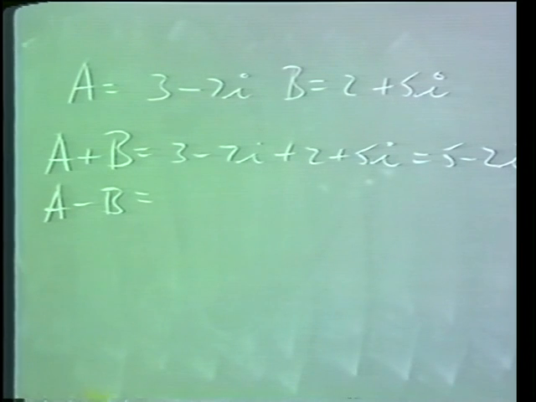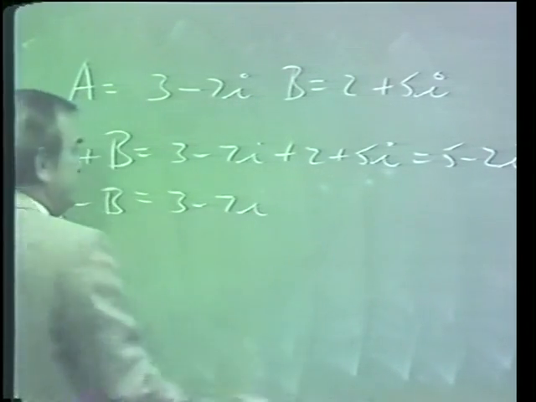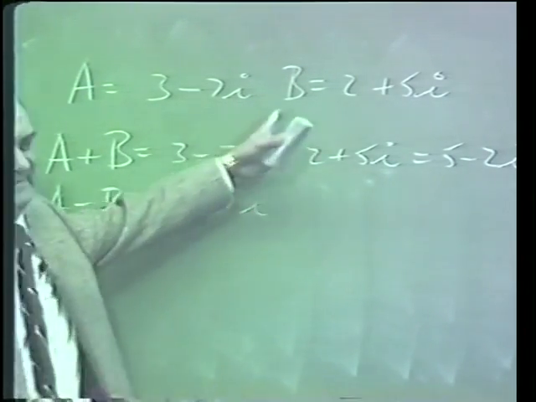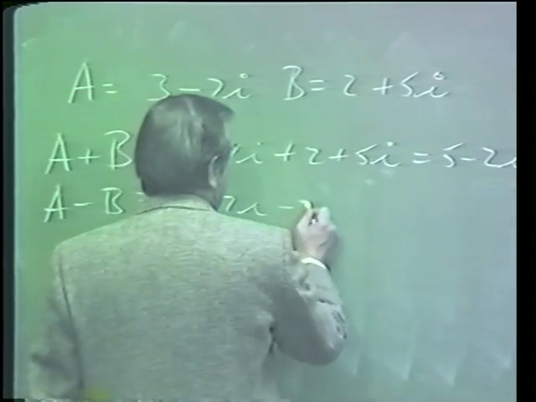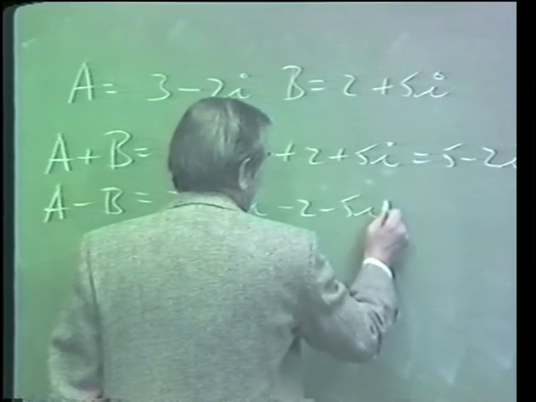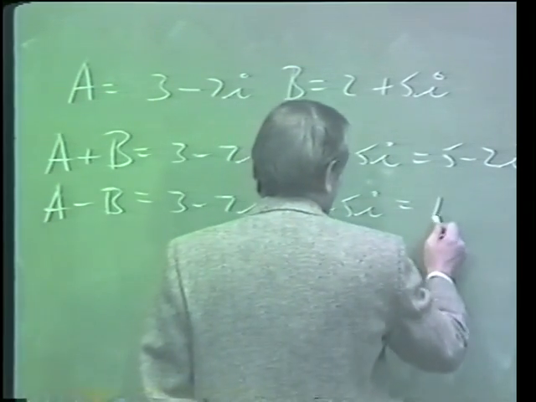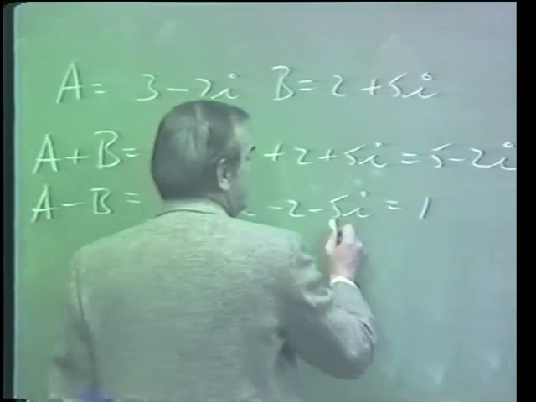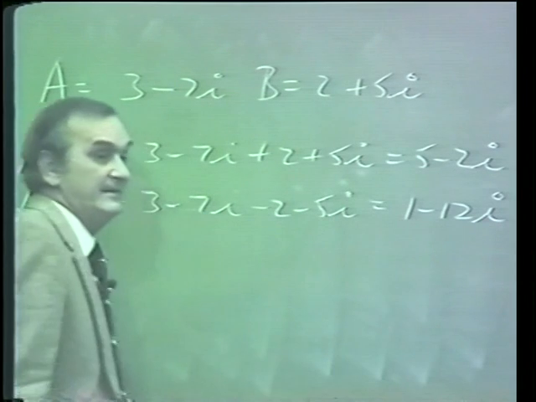Tim? 1 minus 12i. Everybody agree with that? You should. A, well, that's 3 minus 7i, minus B. That means the opposite of B. We're subtracting. The opposite of 2 plus 5i is negative 2, negative 5i. We now combine like terms. We have 3, negative 2 is 1. We have a negative 7i, and negative 5i is a negative 12i. And there's subtraction.